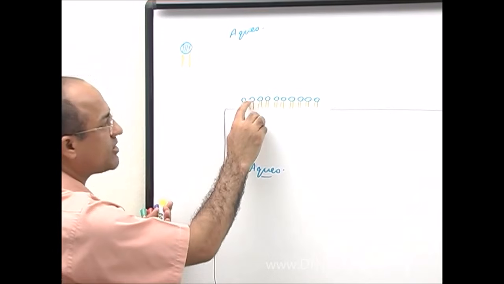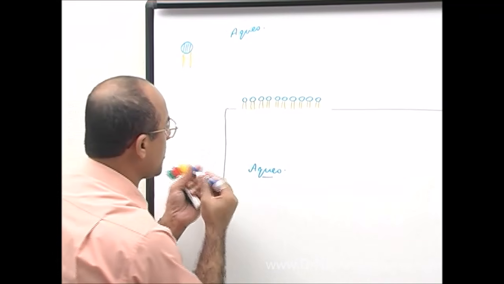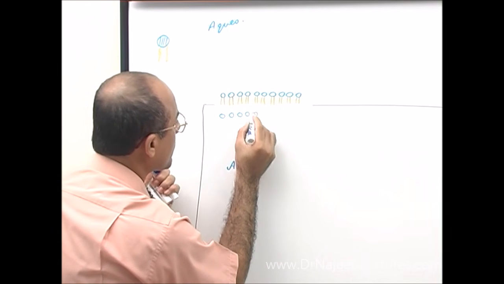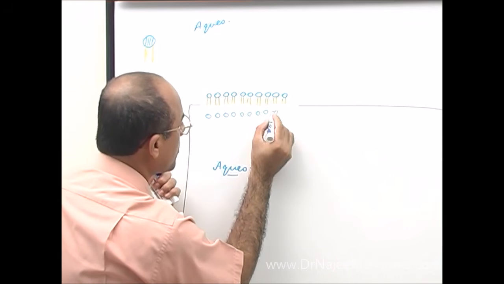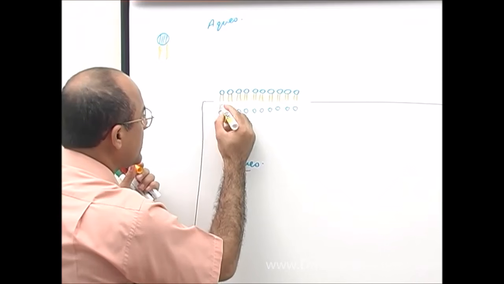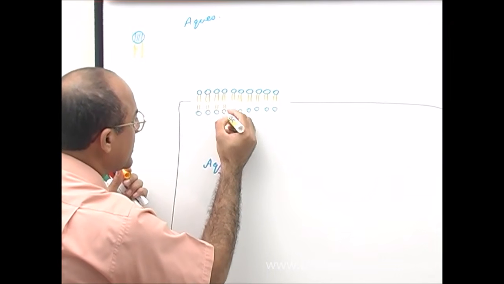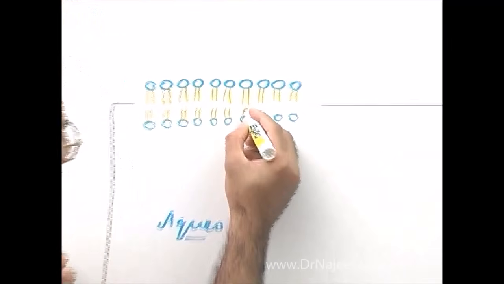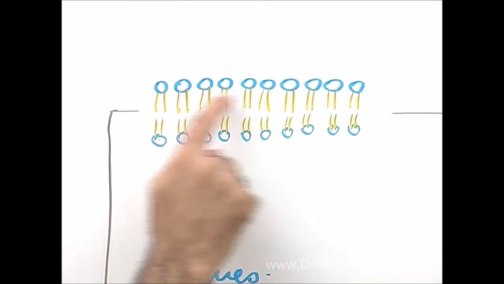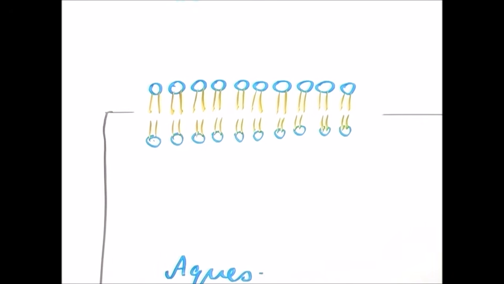Now, actually this is one layer. The other layer will be on this side. Now, you can see that the cell membrane is made of a double layer of phospholipids, right?